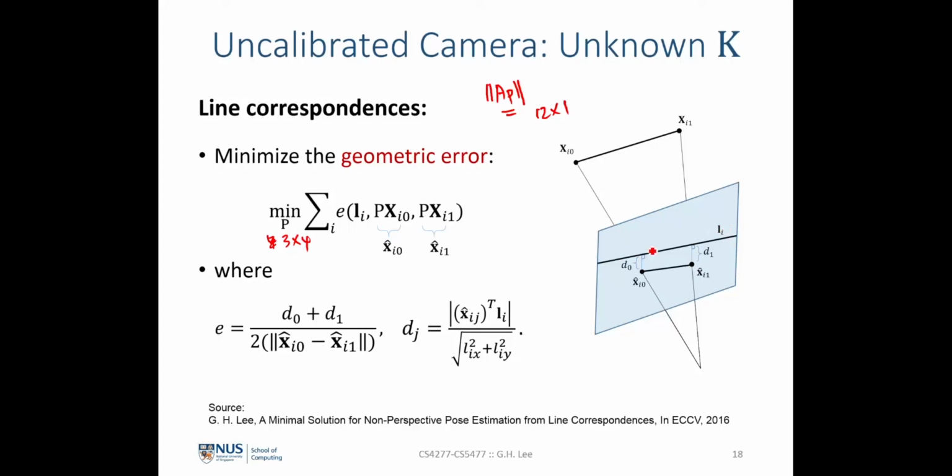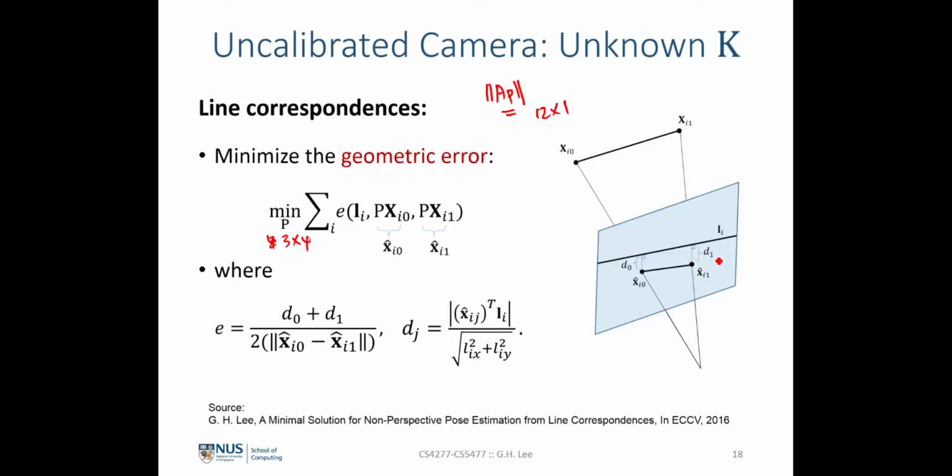So what we want to do here is that we want to minimize the closest distance that the reprojected endpoint makes with the 2D line, which is represented by d0 on one end, and the second perpendicular distance, which is made by the second point to the line, and this is also the closest distance from the second reprojected point to the line, denoted by d1 over here.